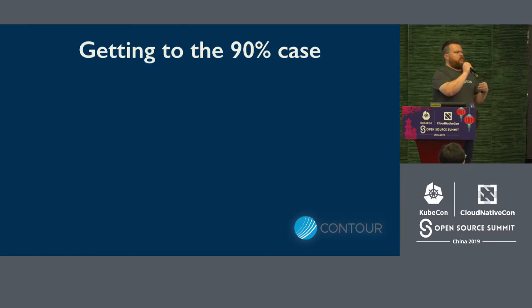So we're never going to get to 100%. A 100% use case is impossible. It's too specialized. But I reckon there is a point, about 90%, where we can deliver a lot of functionality through the Ingress object.